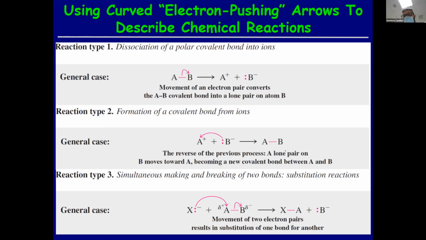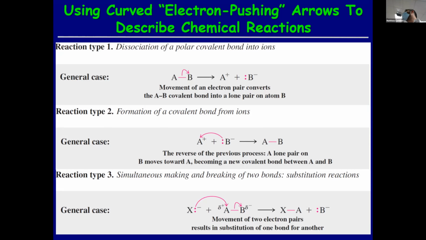So, there are 3 types of reactions that we will be dealing with. We can break a bond to produce 2 ions. So, dissociation of a polar bond. Normally, there has to be a polar bond. It's very difficult to dissociate a non-polar bond. Okay?